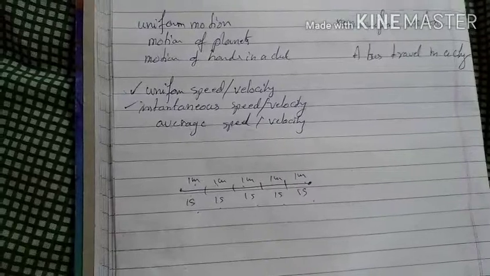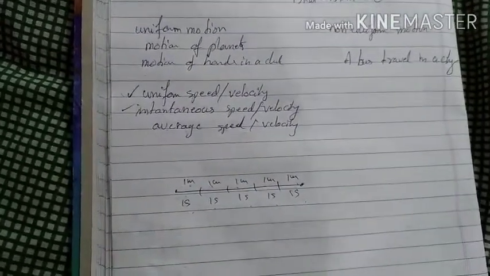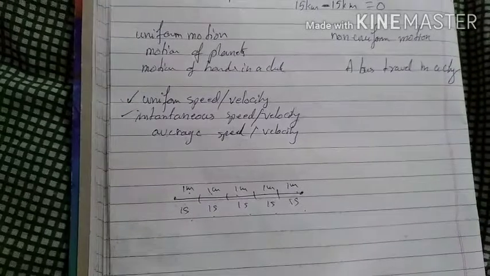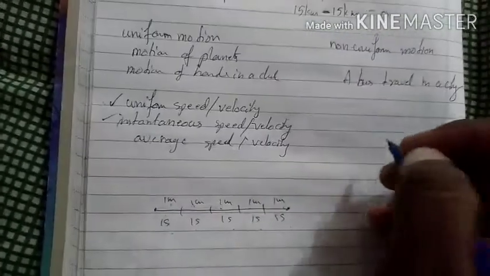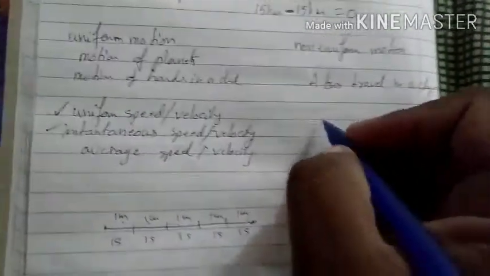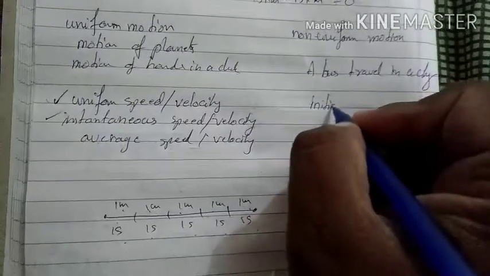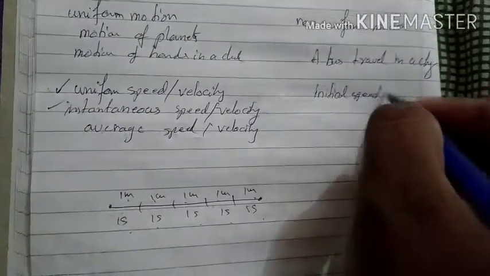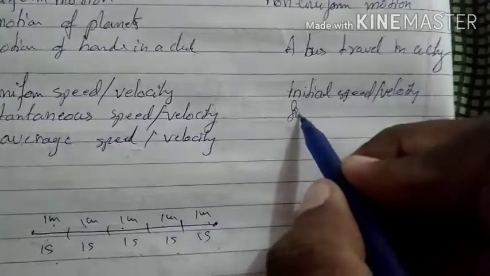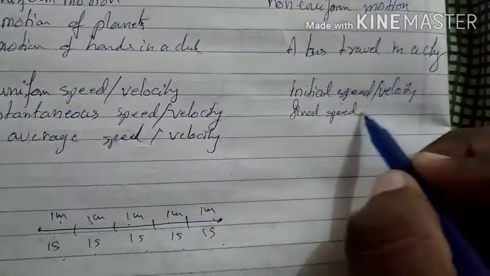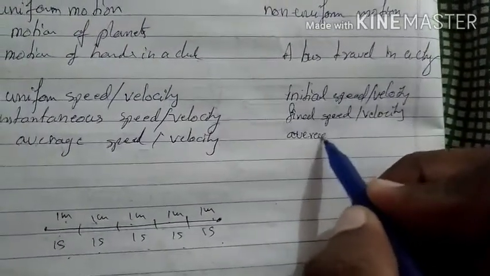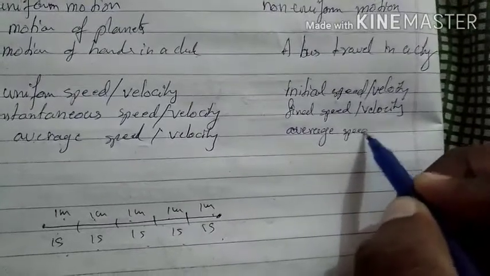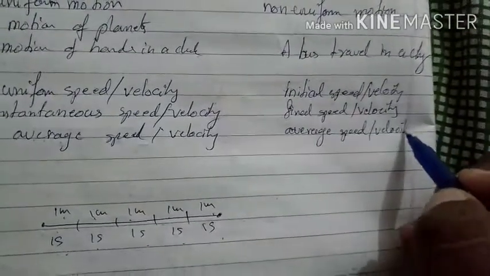And average speed, see, this average speed we can also define in a non-uniform motion, because in non-uniform motion, once again we see what kind of velocities we have: initial speed or initial velocity, final speed or final velocity, average speed or average velocity.